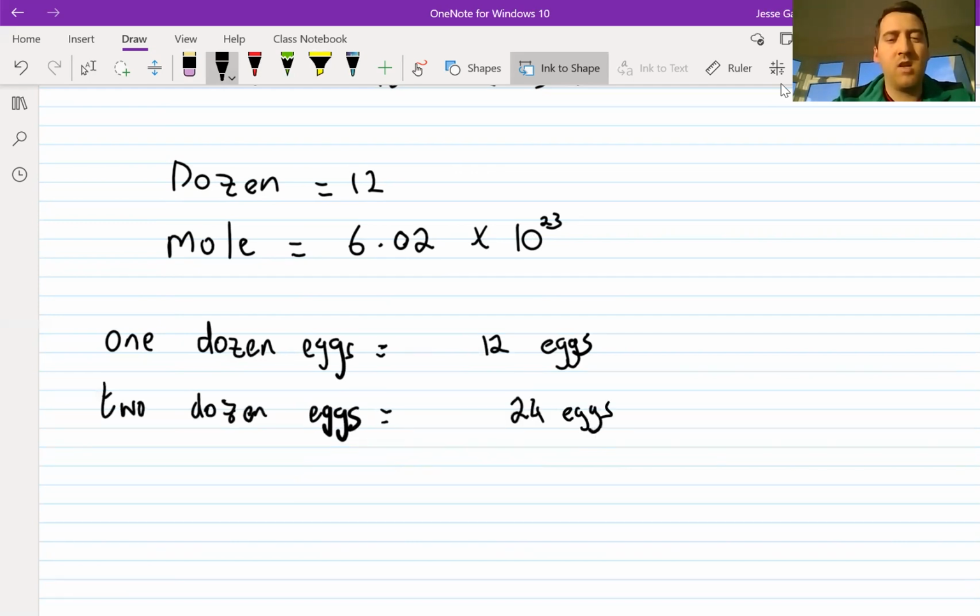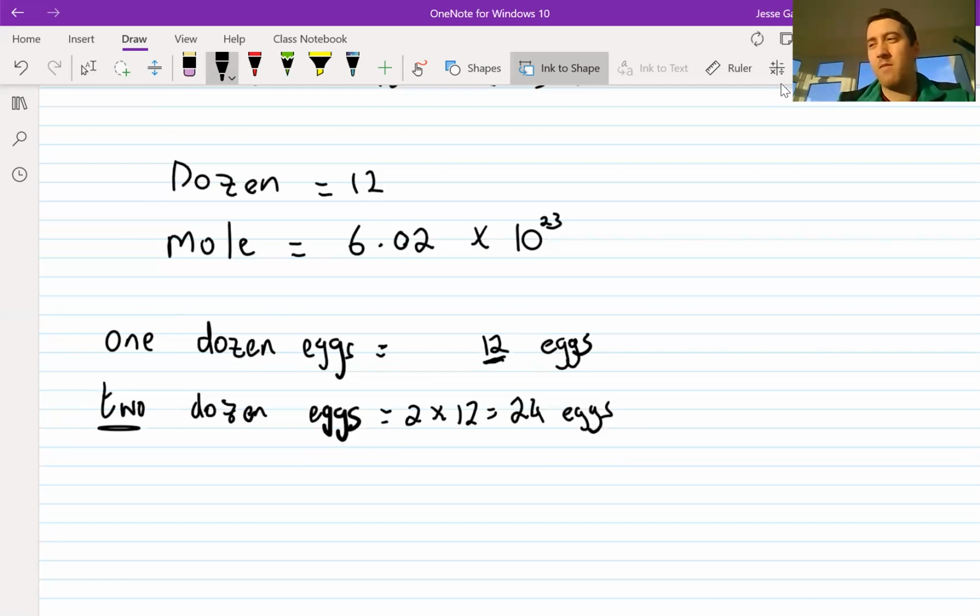But what is the process going on in your brain that's doing that automatically? This is what you're really doing. You're taking the 1 dozen, which was 12, and multiplying it by 2. 2 times 12 equals 24.